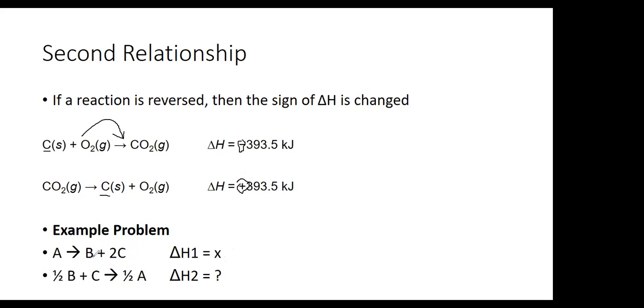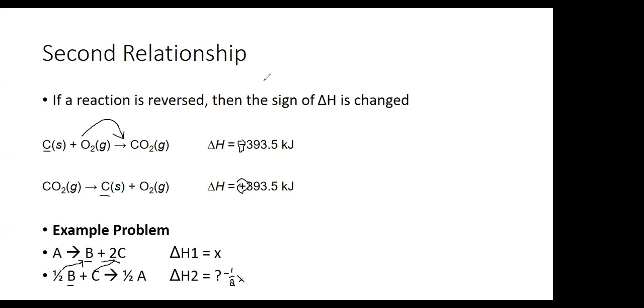Well, if I flip the reaction, so B, for example, was a product in my first reaction and is now a reactant, the sign flips. But if you also see here, I have decreased the amount of stuff by 1/2. So in my second reaction, my enthalpy value is negative 1/2 X.